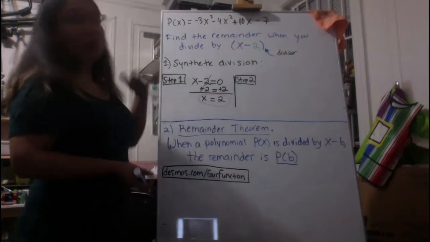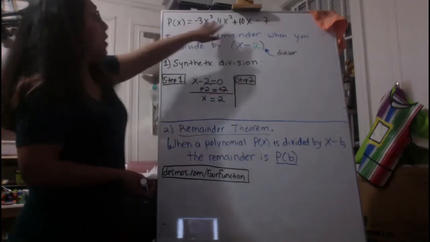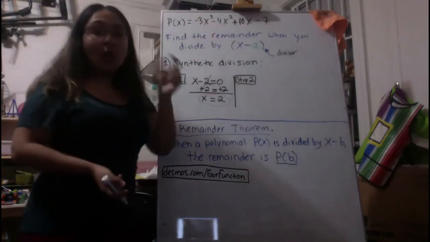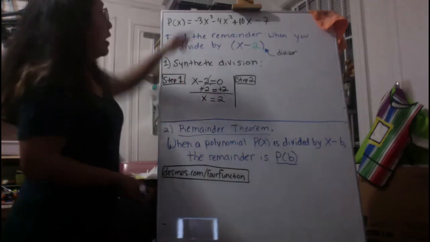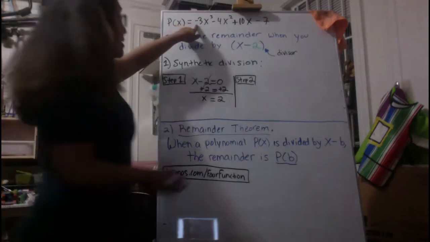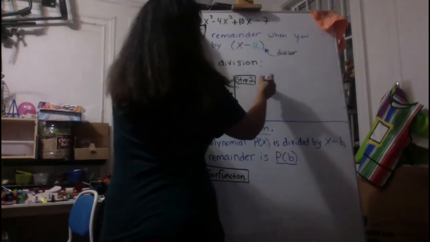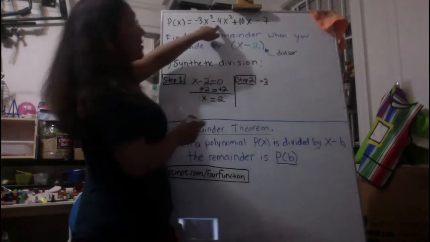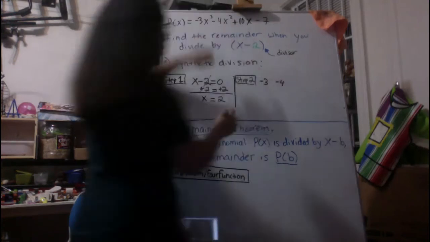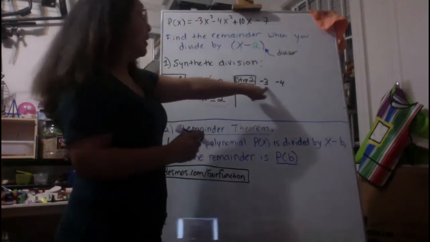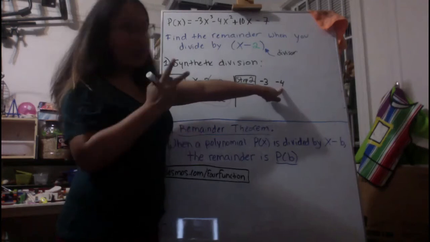Step 2, for synthetic division, we take all of the coefficients and the constant and bring them down in standard order. The first coefficient is negative 3, so I'm going to put that. Then the next coefficient is negative 4, that's the coefficient for x to the second power.